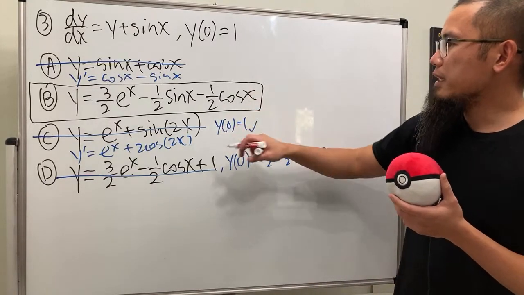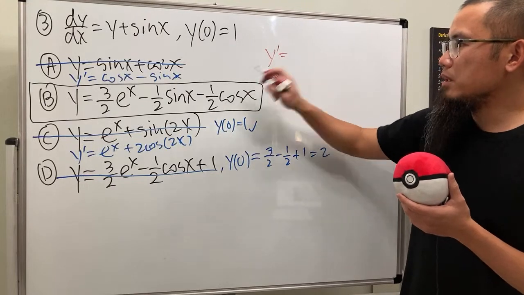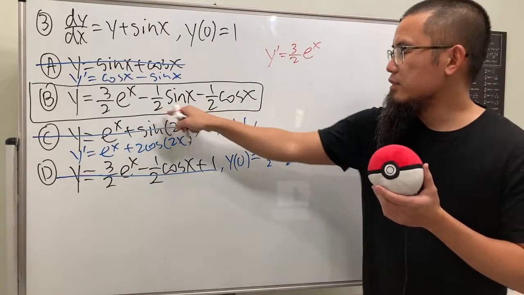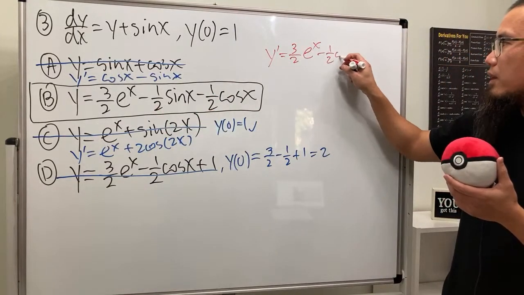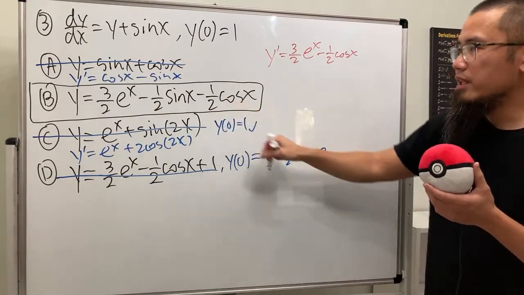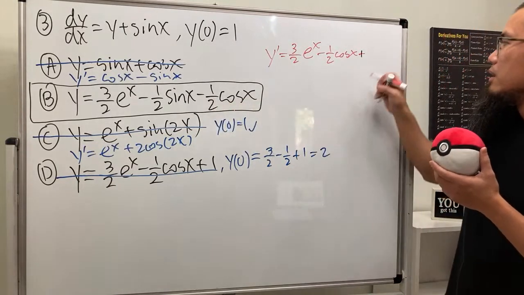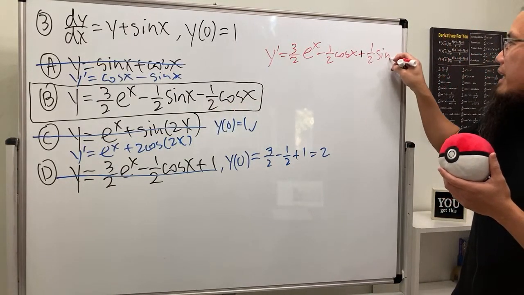If you look at that, y prime is going to be the derivative of that, which is 3 over 2 e to the x. And then this right here gives us negative 1/2 cosine x, and this right here gives us positive 1/2 sine x.